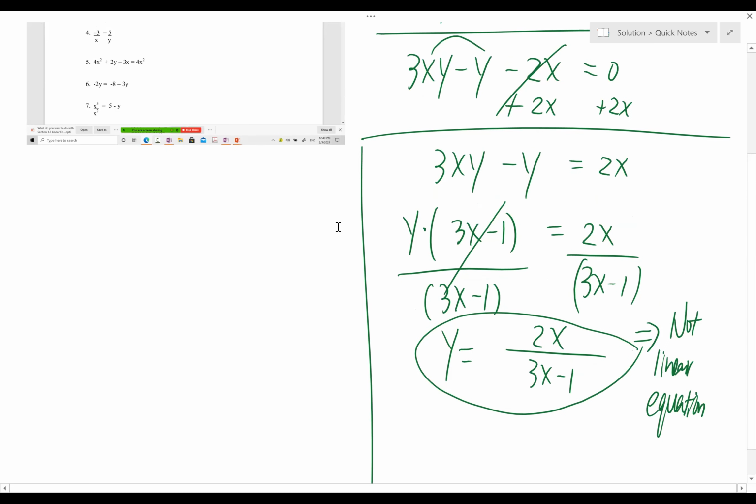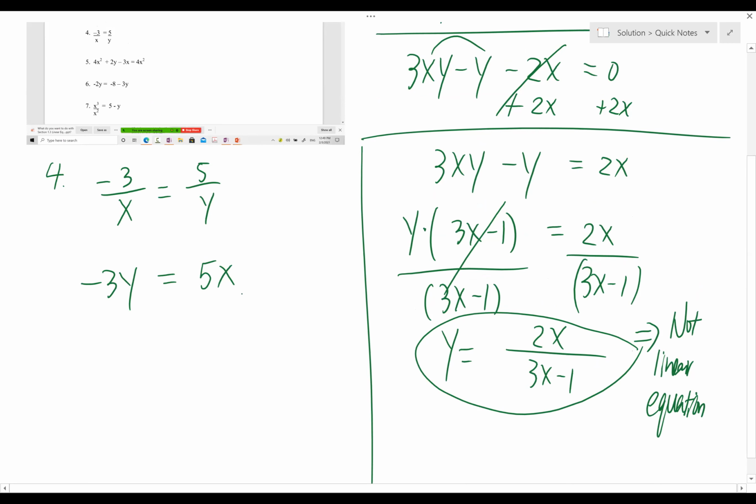And question number 4. -3 over x equal to 5 over y. Again, this is a proportion, so your first step will be cross multiplying. So -3 times y is -3y, which goes to the left. 5 times x goes to the right, right? -3y goes to the left, 5 times x goes to the right.